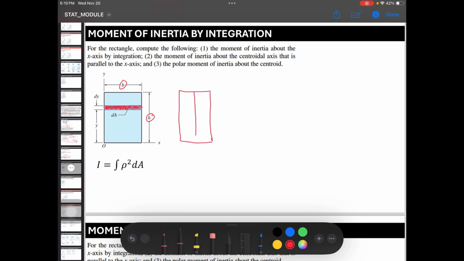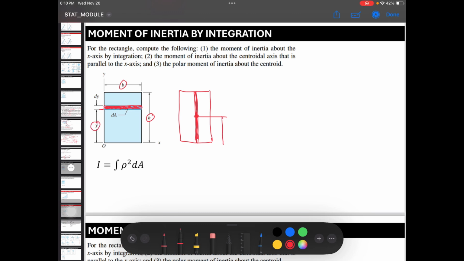Pwedeng mag-differential element na patayo, pero mas mahirap siya kasi kailangan mong kunin pa yung center.